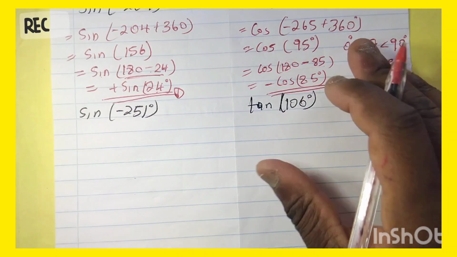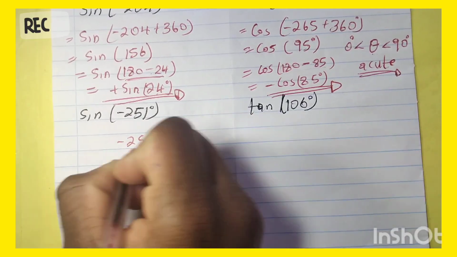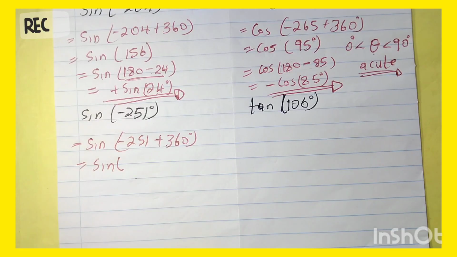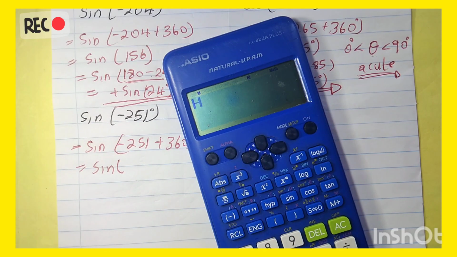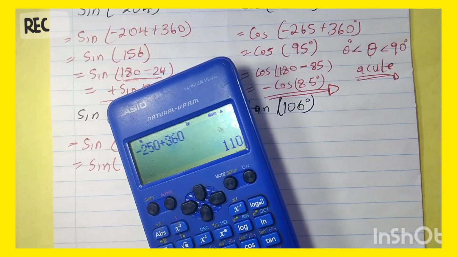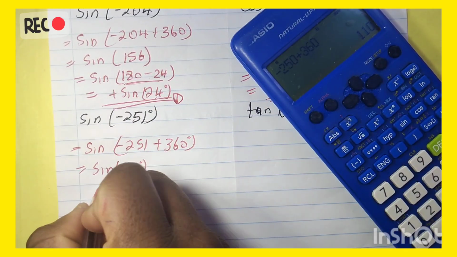So for this one there, straightforward, you add 360. That's sine, which is this thing, it's sine. Then you press your calculator then. This plus this. So it means that you got 110. Then let's reduce this 110.